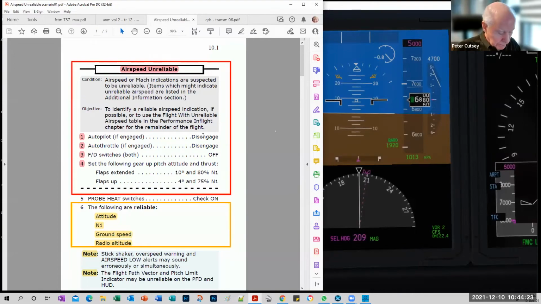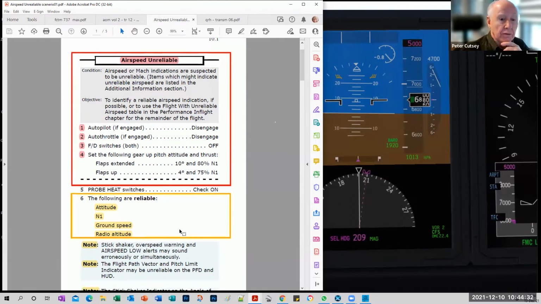Now, let's go on to what we would be doing in a checklist. Remember, the checklist is read by the pilot monitoring and would be read from the top to ensure that we have done all the required conditions. The condition for this is airspeed or Mach indications are suspected to be unreliable.